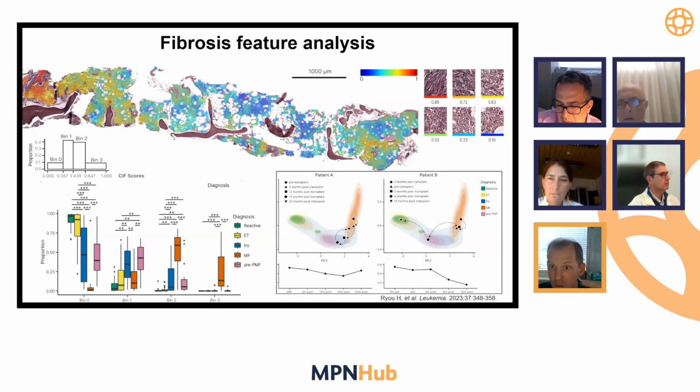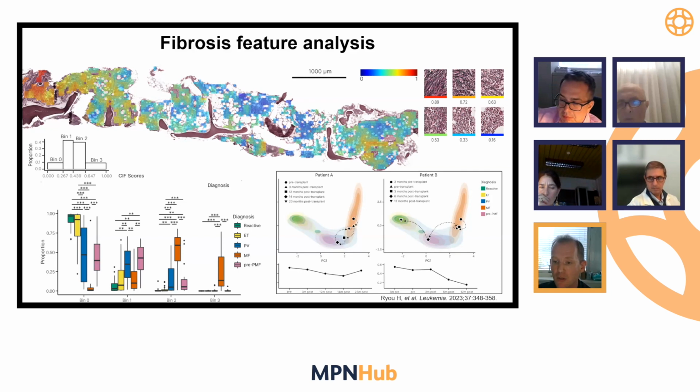So although the average score is similar, the distribution is different. And in further work, we're beginning to see that these foci of fibrosis, these microfoci of fibrosis, seem to be enriched in pre-PMF, and we think they're a clue to fibrotic progression and are very useful for distinguishing patients who are at risk of progressing to fibrosis.